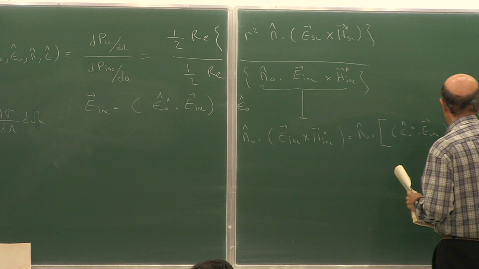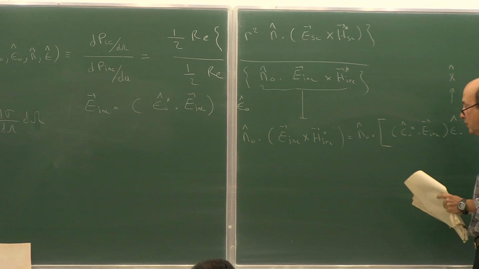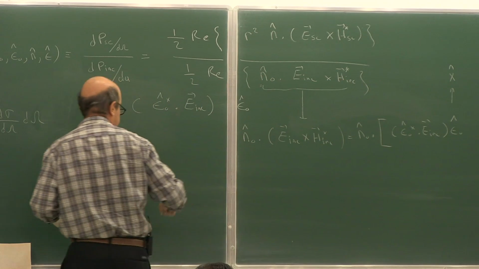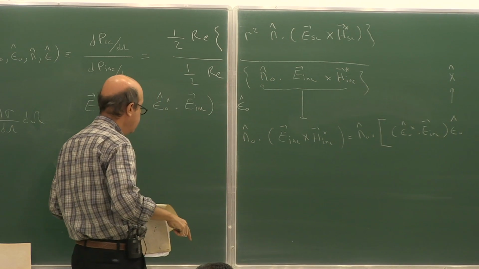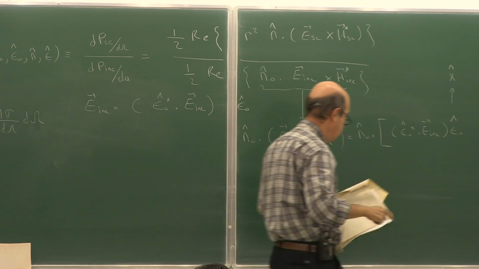Last time I defined a different unit vector x hat, if you look at your notes, but this is more proper: defining the direction of the polarization as epsilon 0.